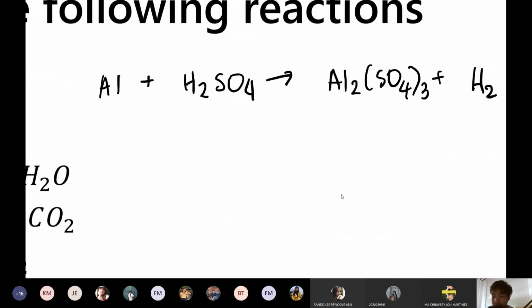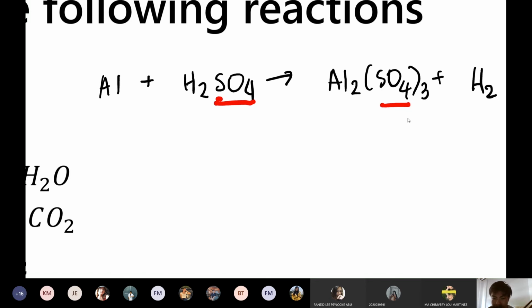Ang daming atoms. Pero, let's see if there are polyatomic ions that are recurring. May nauulit na polyatomic ions. So, on the reactant side, I have SO4. On the product side, I also have another SO4. So, ibig sabihin, nauulit siya. Pag nauulit yan, tignan ko kung balance sila. Sila yung priority ko.